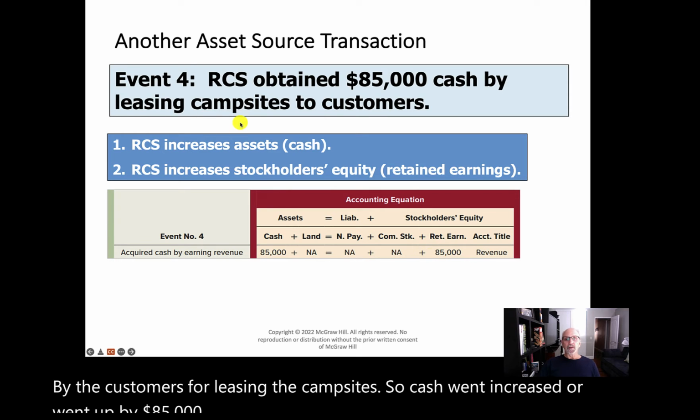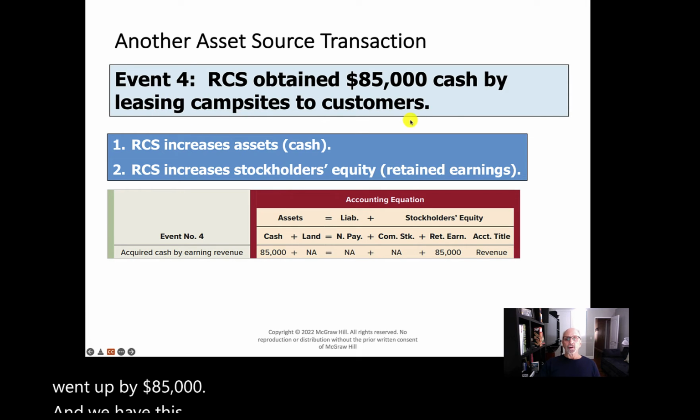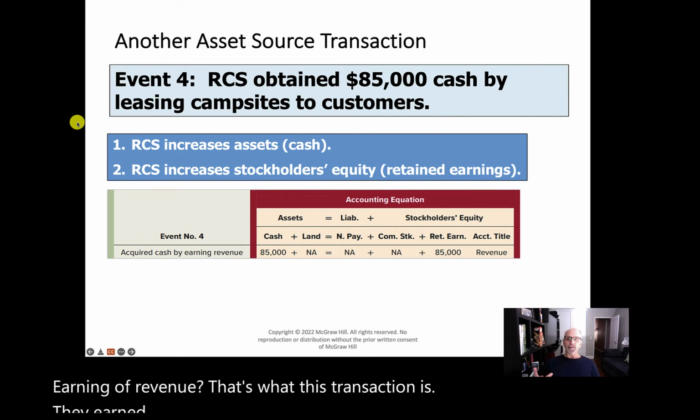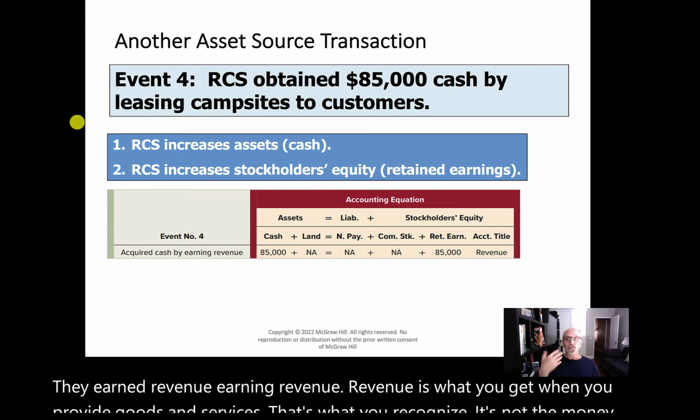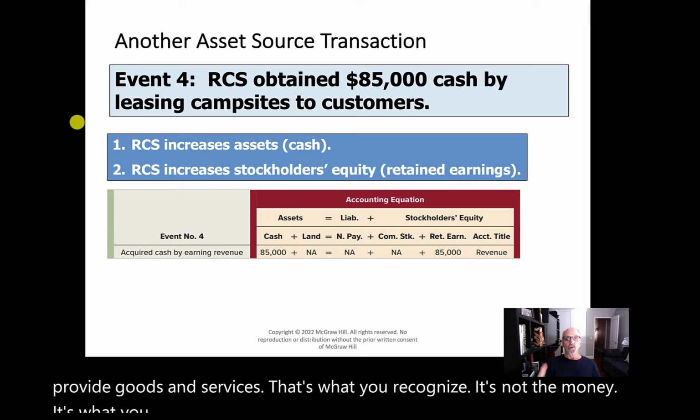And we have this earning of revenue. That's what this transaction is. They earned revenue. Revenue is what you get when you provide goods and services. That's what you recognize. It's not the money, it's what you earn. So I have earned the right to get $85,000 cash because I leased campsites.